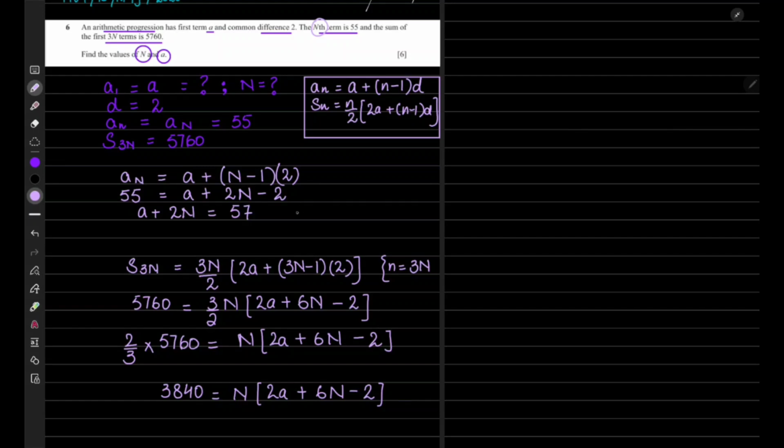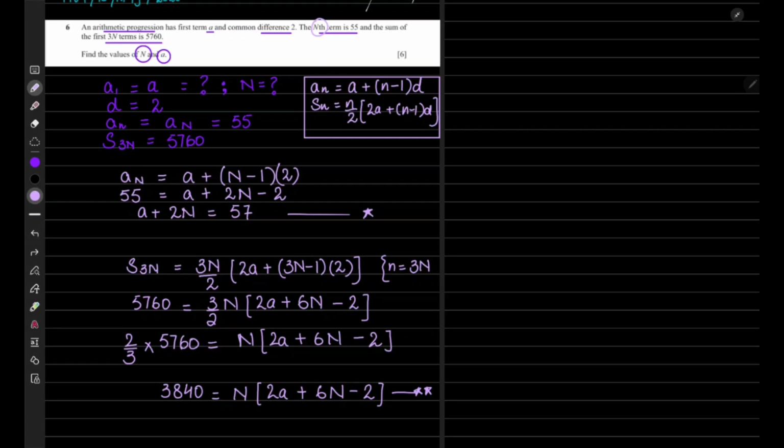Okay, now we have these two equations that we have to solve simultaneously. So either you can eliminate n or you can eliminate a. By eliminating, you can substitute a or n from either equation. So n is at multiple places, so it is better if I substitute a.